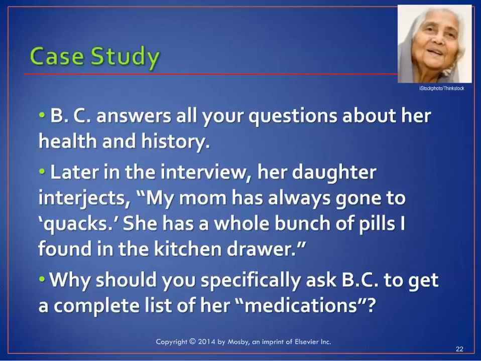So again, why should you specifically ask BC to get a complete list of her medications? So that you can see what she's taking and look for side effects of those pills or interactions between other medications she's taking and the over-the-counter stuff.